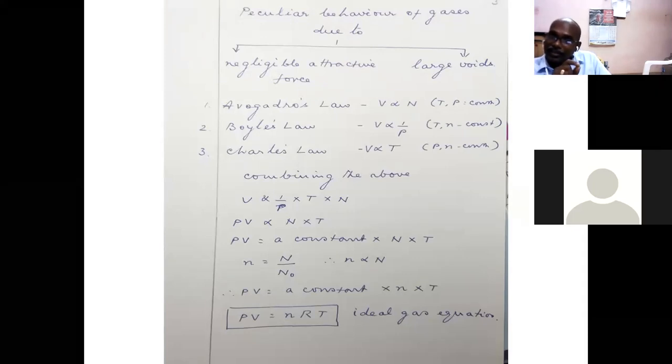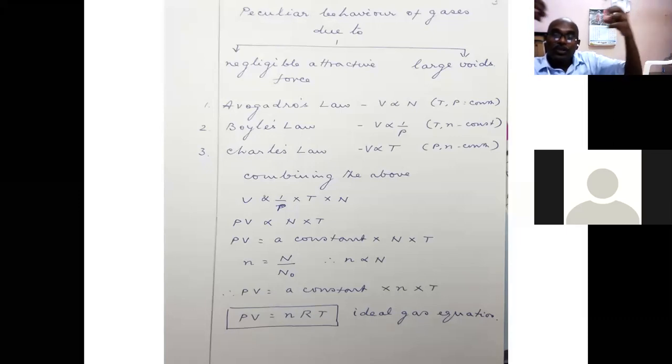So why do the gases have this peculiar behavior? This peculiar behavior of the gases is due to the negligible attractive force between the gaseous molecules. The gaseous molecules attract each other, but the force of attraction between them is almost negligible. That is why the gas molecules are able to move far apart.